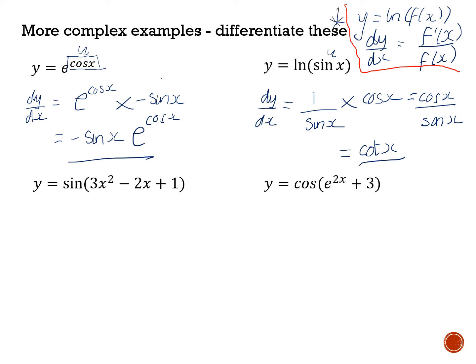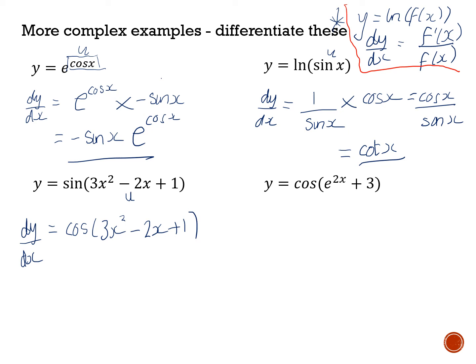Okay, next one. Sine of something quite complicated. Well, what's going to be the u? The u is going to be my thing in my bracket. So dy dx. If I differentiate sine u, what do I get? Cos u. So I'm not going to bother writing u, I'm just going to write cos of. Notice with your trig functions, it's always the same argument.